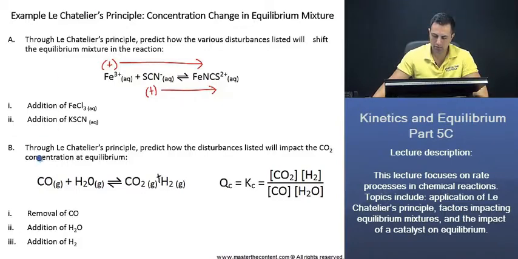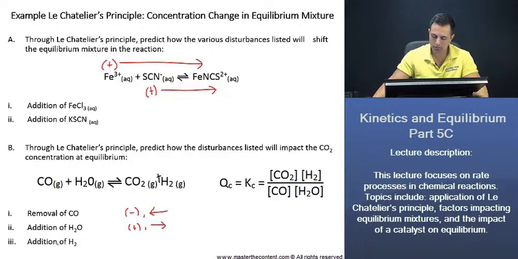First, we're taking a look at the removal of carbon monoxide. If we remove this, right, then carbon dioxide will decrease and the reaction will proceed to the left. With the addition of H2O gas, what's going to end up happening is that will increase carbon dioxide concentrations because the reaction will be shifting to the right.